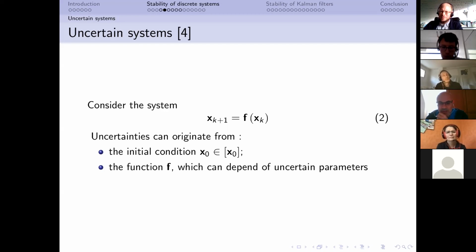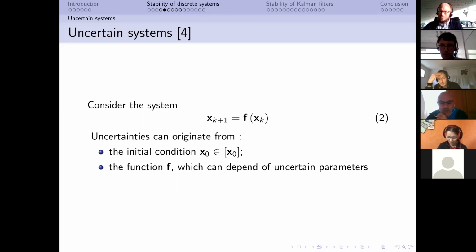So even if the algorithm is false, we may have the stability to the true value for the state variable. I wanted to insist on this because it can be confusing for people who are used to the Kalman filter, who assume Gaussianity and things like this. Here, there is nothing like this. We just prove the stability of the closed loop system.